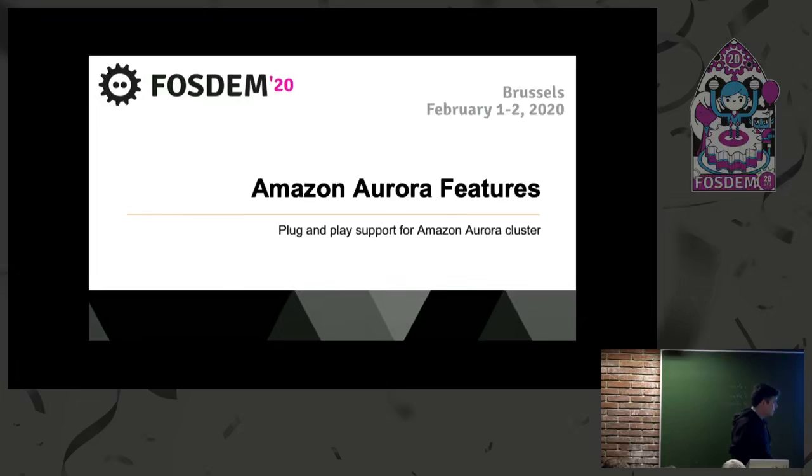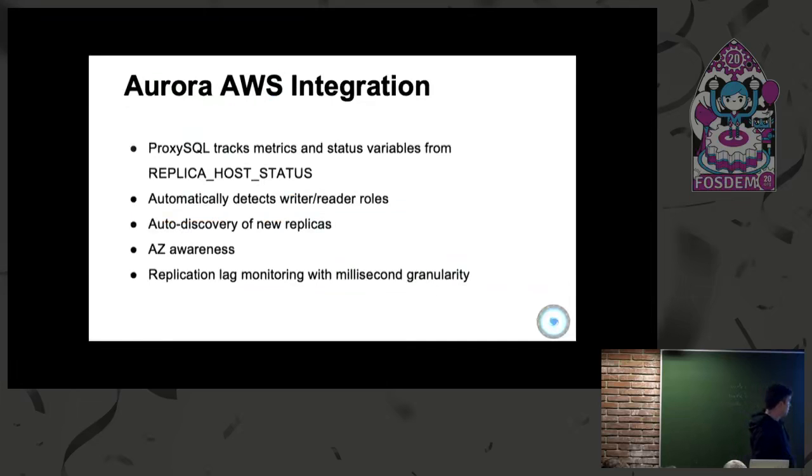Amazon Aurora. So we've added a lot of support for Amazon Aurora in version 2. The way it works is it will track the replica host status table, which contains the replication information about your Aurora cluster. It supports auto-discovery to a certain level. You still need to define your reader and writer host groups, but it's enough to just specify one node, and ProxySQL will connect to that instance, and based on the information it collects, it will build your topology.